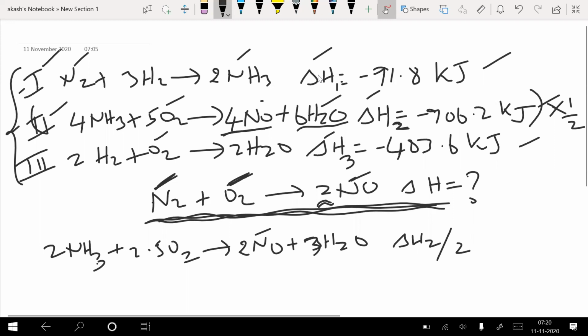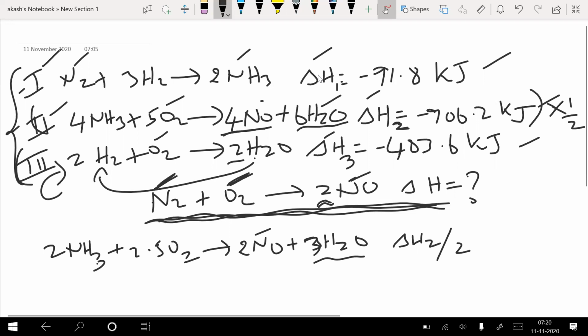So for H2O to get cancelled, now I have 3 H2O, so I should have 3 H2O in the reactant side. If I have this H2O here, then it makes sense, I'll be able to cancel it out, right? But here I have only 2 H2O. So what I'll do is I will reverse this reaction.